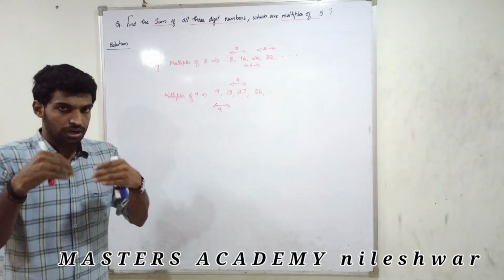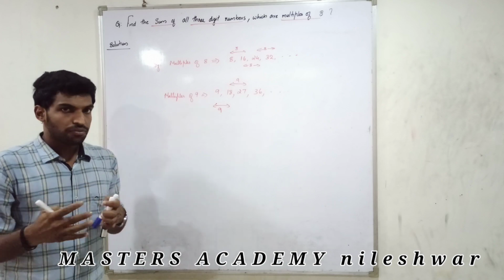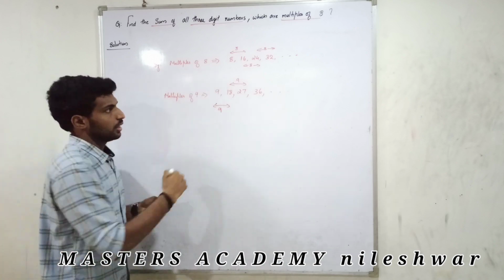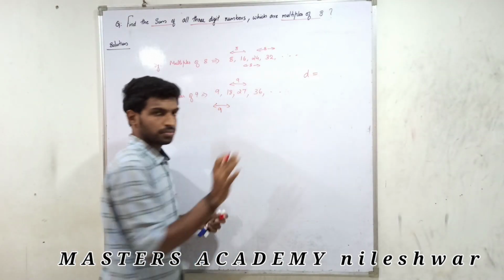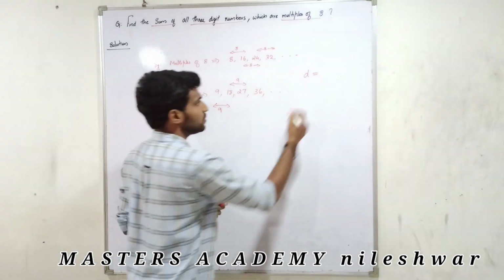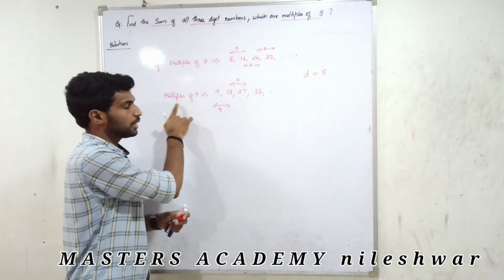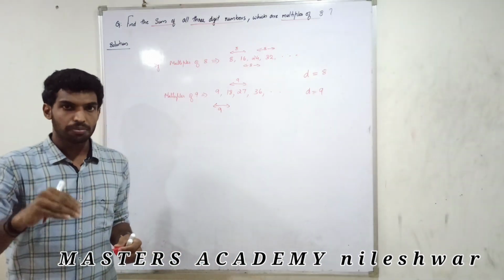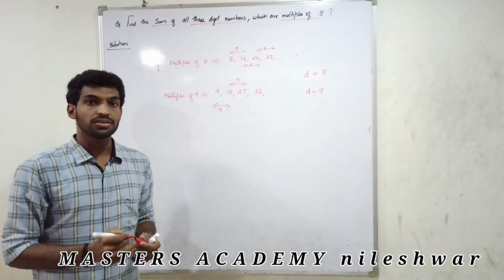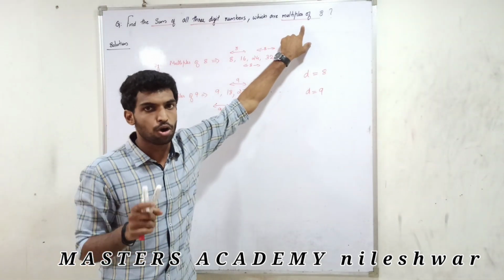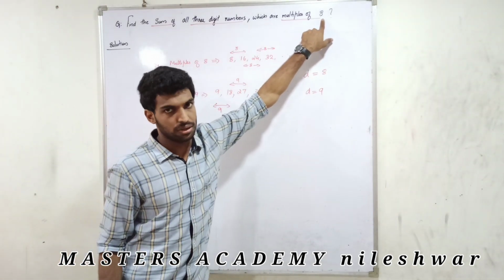So I want to convey that if they ask for multiples of 8, then the common difference is 8. If multiples of 9, the common difference is 9. If multiples of 10, the common difference is 10. So in this question, the common difference d equals 8.